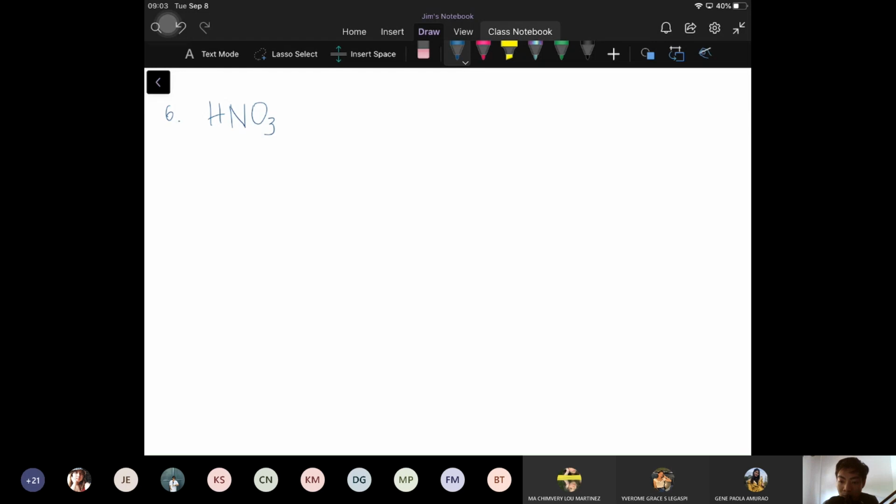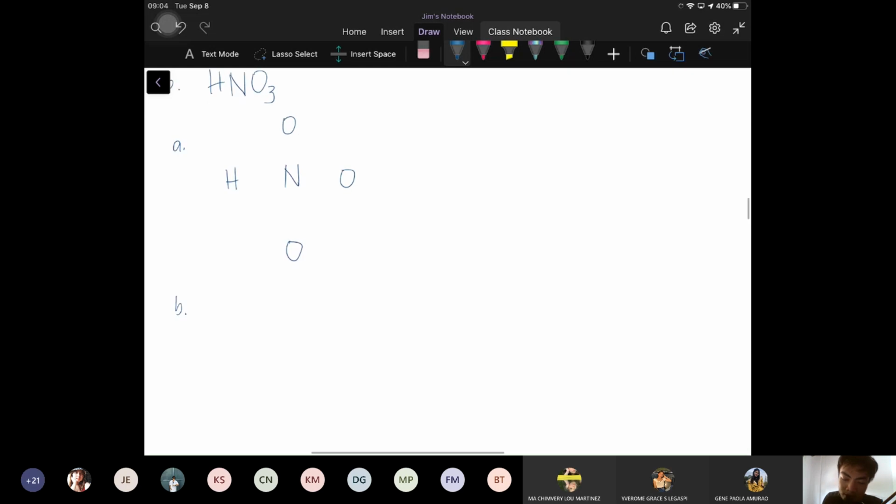Okay, so I have many ways, no, in drawing the skeleton of nitric acid. May mga paraan ako to draw the skeleton of nitric acid. Ano yon? First way is that ilalagay ko yung mga atoms around the nitrogen.